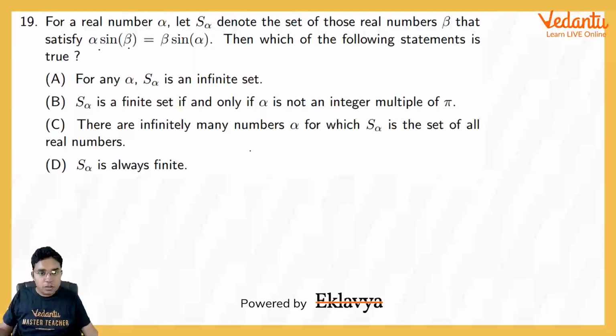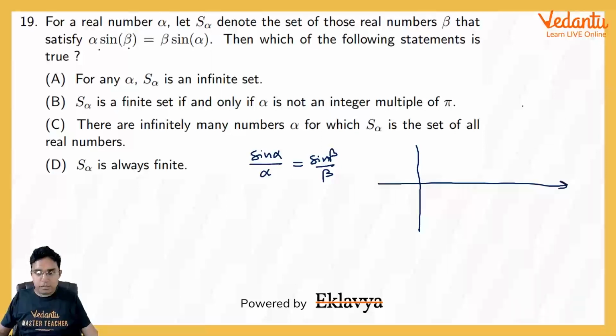Okay, so this relation can also be written like this: sine alpha upon alpha is equal to sine beta upon beta. Now, let me first draw a graph for sine x upon x. Sine x upon x, as x approaches 0, is 1.